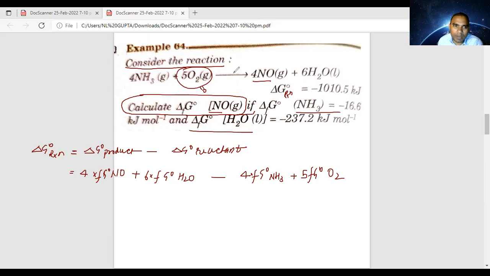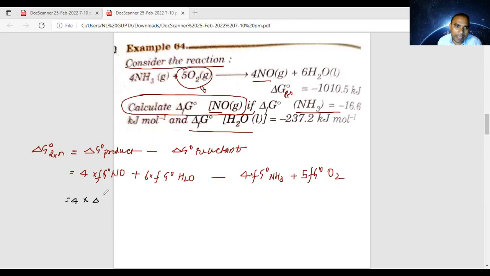Let's plug in the values. So 4 into ΔfG° of NO. Keep in mind, they are asking to calculate ΔfG° of NO. You can write the F on any side, there is no problem at all.